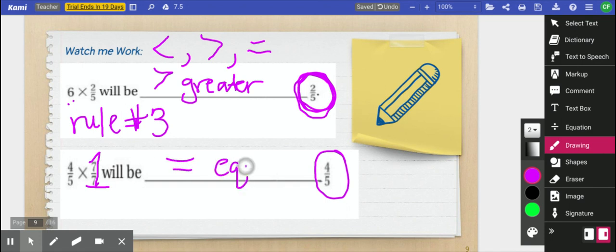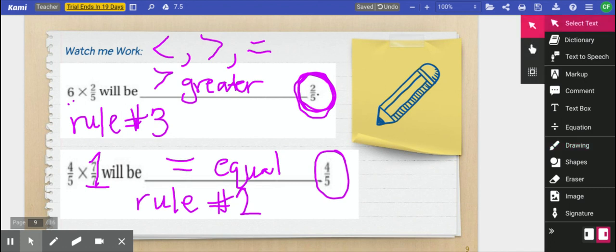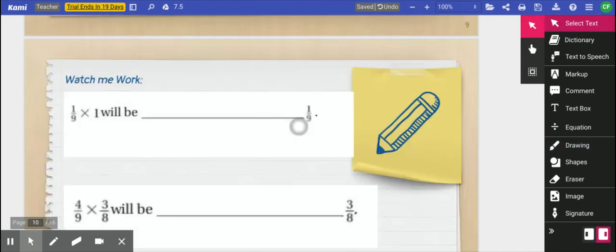Okay? And this is rule number 2, guys. Whenever I multiply a fraction times 1, the product will be equal to the fraction. Okay? Let's take a look at a few more examples.